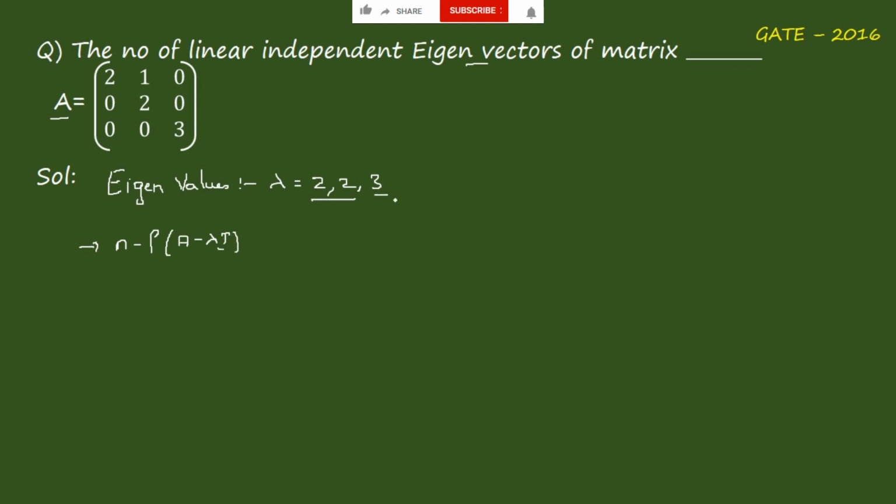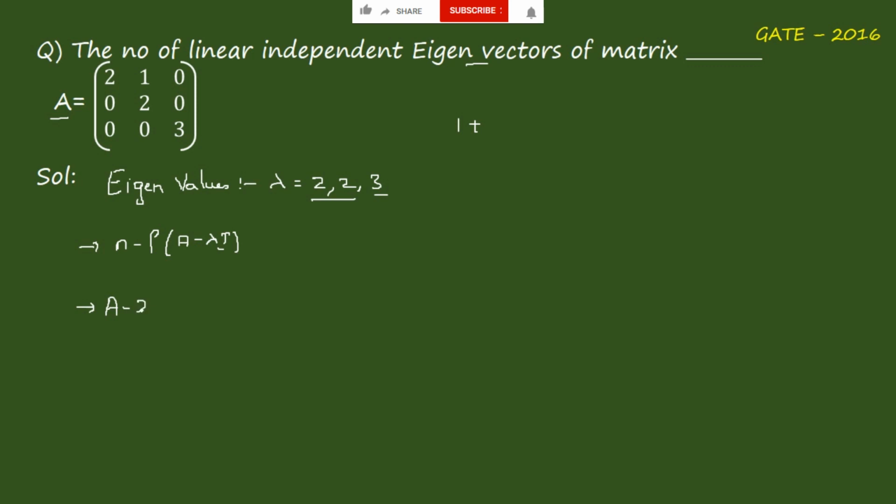And 3 is an individual one, so it has 1 independent eigenvector. In the case of repeated eigenvalues, we have to find the number of linearly independent eigenvectors using this particular formula. So first find the rank of this matrix.